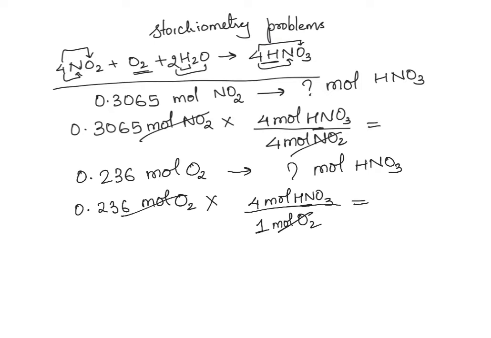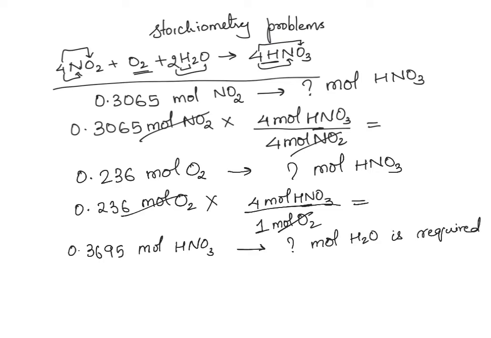If we need to produce 0.3695 moles of nitric acid, how many moles of water is required? Again, similar type of conversion.